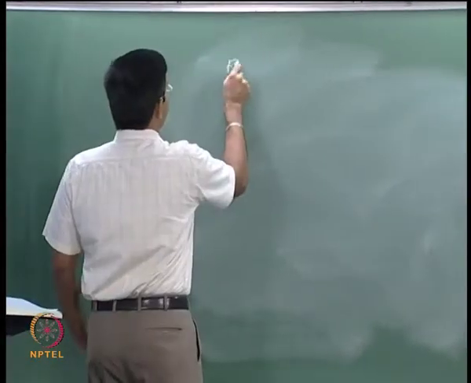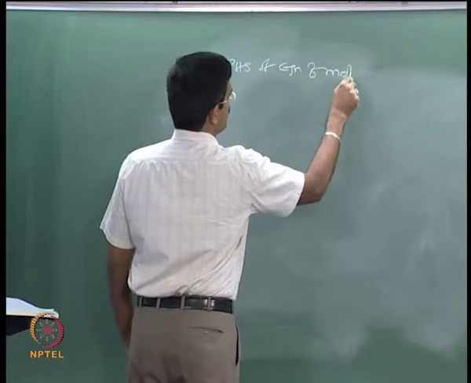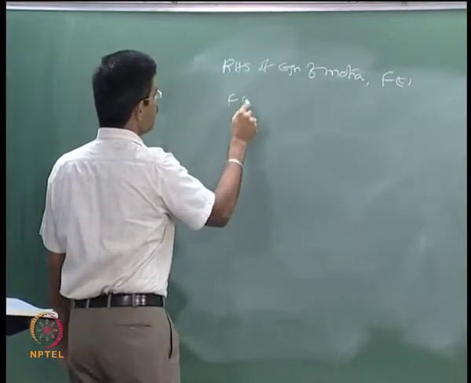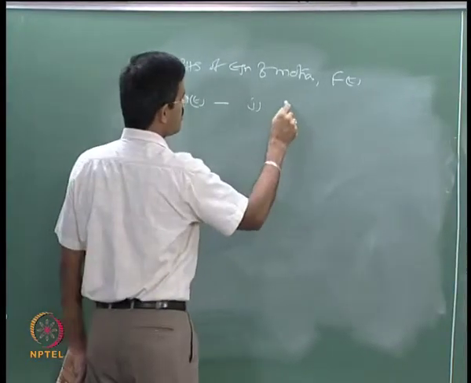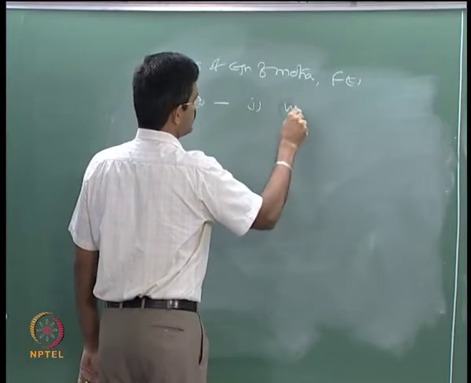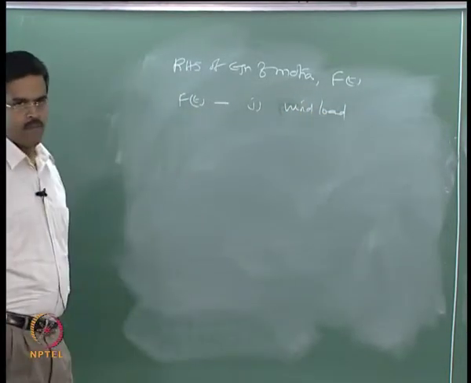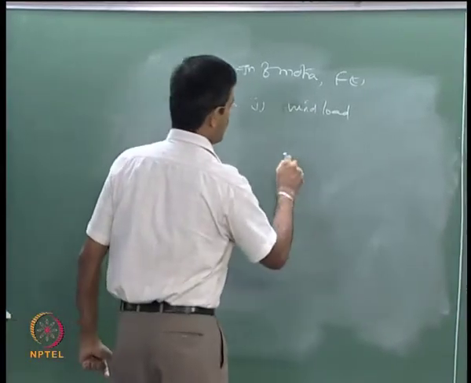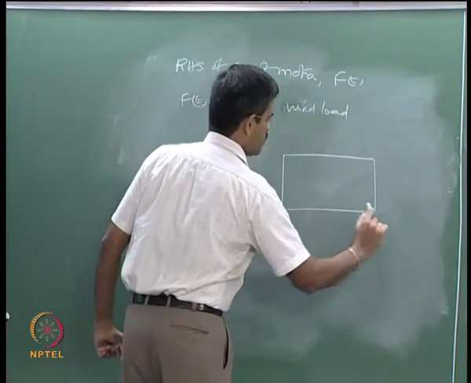Let us talk about the right hand side of the equation of motion, which is f of t. As I said, f of t considers two components, one is the wind load. We already know how to compute the wind load, we have the governing equation with us. I will just explain schematically, I am not giving the equation because they are available in module 1.